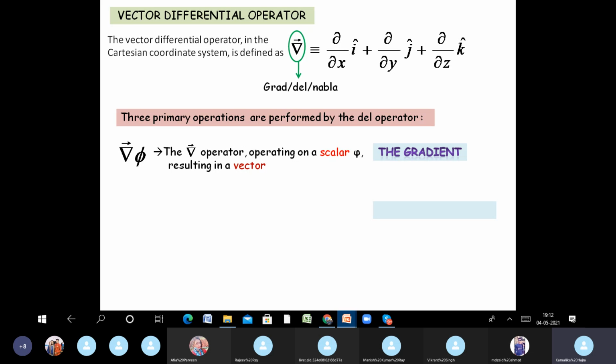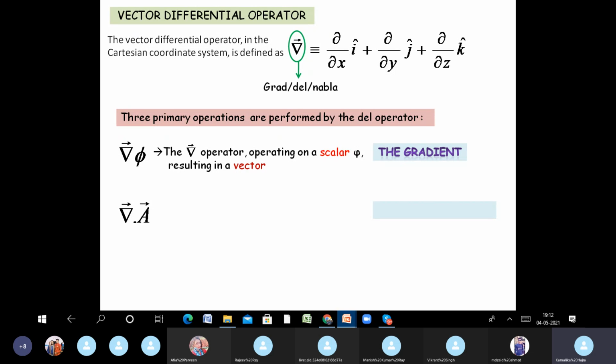So the del operator operating on a scalar phi results in a vector, grad phi, and that operation is called the gradient. We take the gradient of the scalar. What that means, we'll see in a few moments.